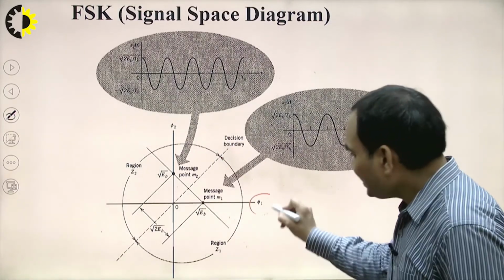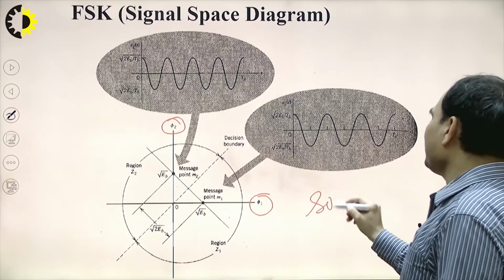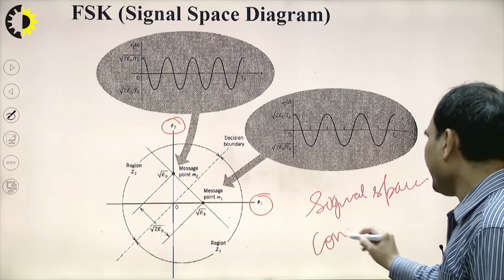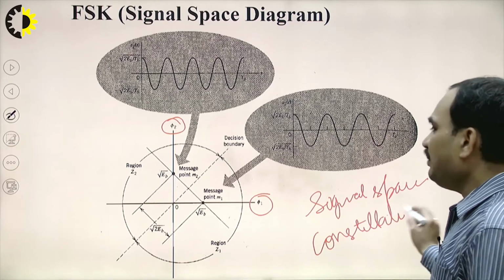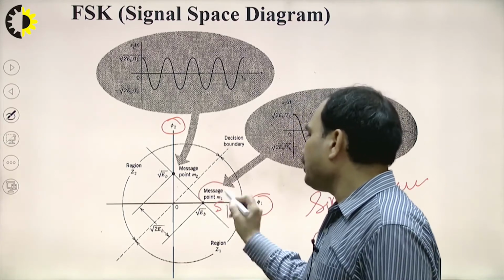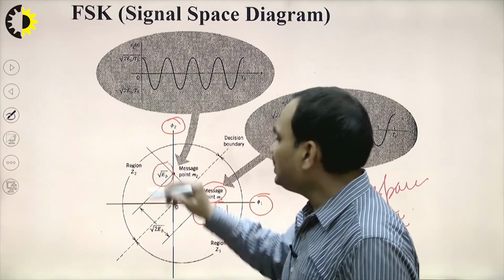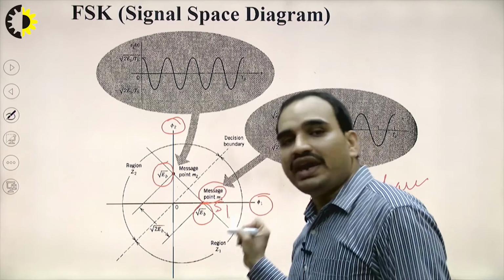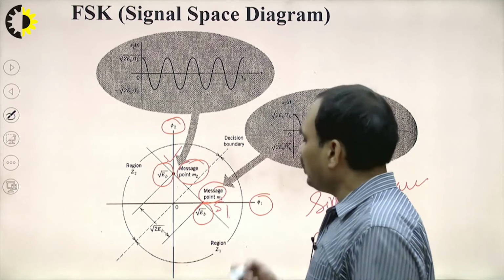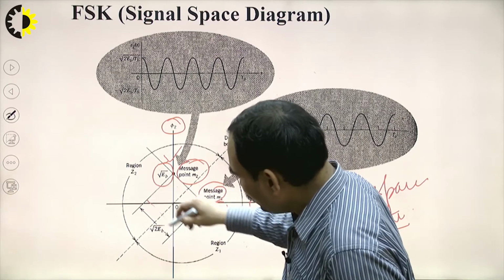If we have the x-axis as phi 1 and the y-axis as phi 2, then in the signal space diagram, or constellation diagram, these two symbols can be represented as S1, or message point M1, at root Eb comma 0, and S2 at 0 comma root Eb. Now the distance between these two points is given by root 2 Eb.